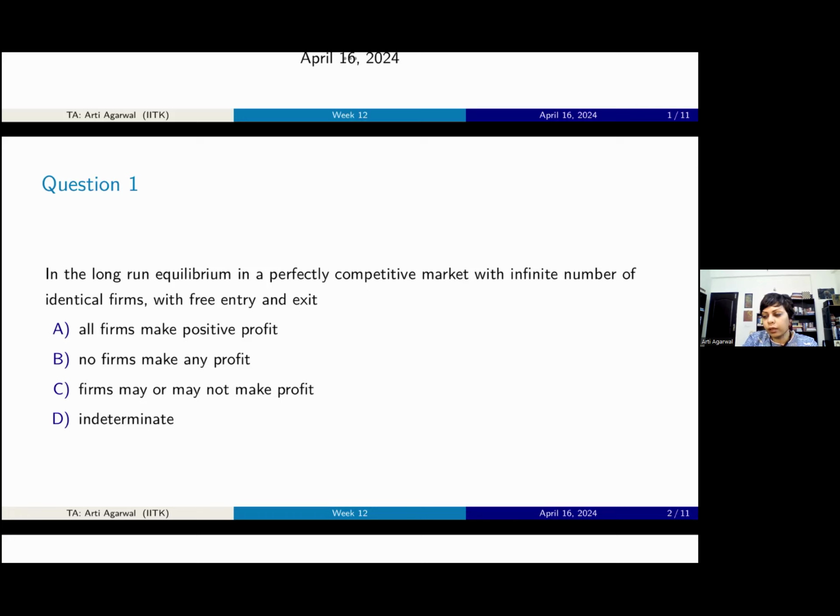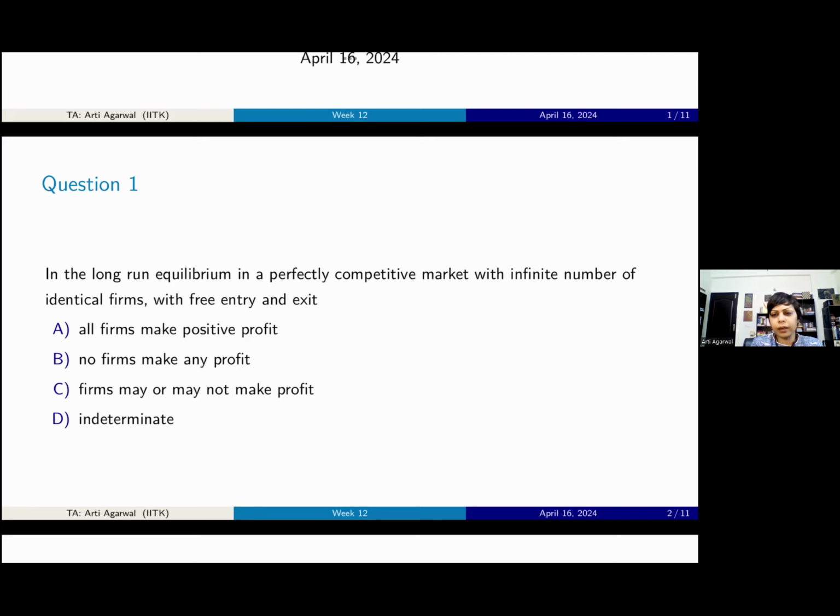But as long as there is any non-negligible profit to be made in any industry, there will be more firms entering the market. And as firms keep entering the market, the prices will keep getting lower and lower.